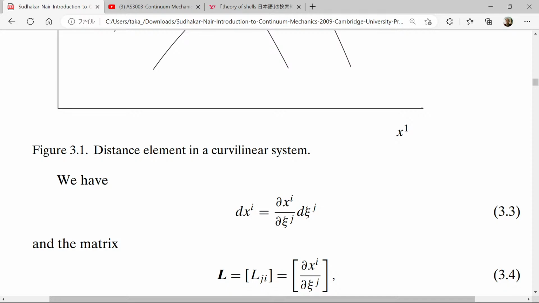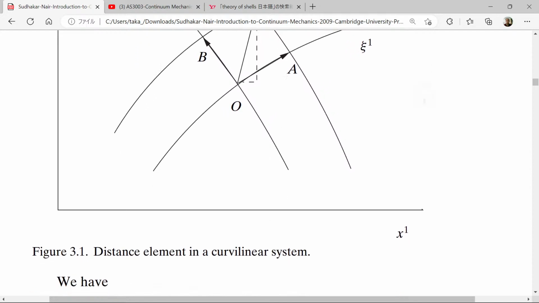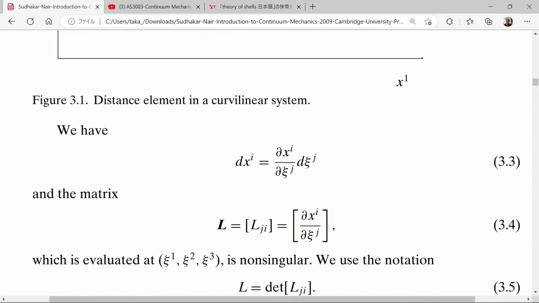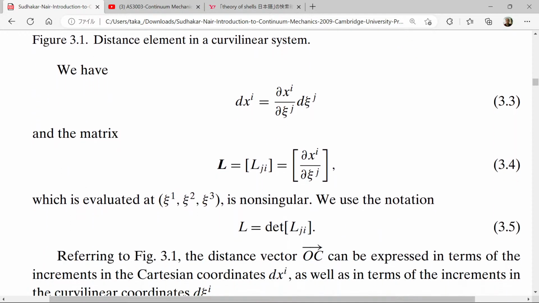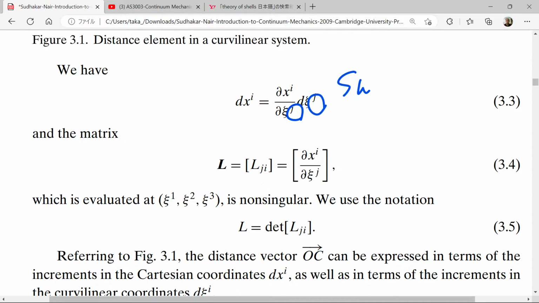Distance element. Anyway, we have dx_i equals partial x_i over partial xi_j times d xi_j. This is the summation convention.